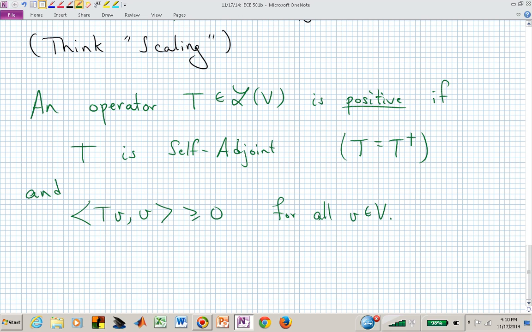Well, this is another way. So if somebody says you need to be more positive, you could say, oh, I need to be self-adjoint and I have to have a non-negative inner product relationship. So if somebody starts saying you need to be more positive, that's what you can start thinking. Self-adjoint. Oh, I need to look like my adjoint.